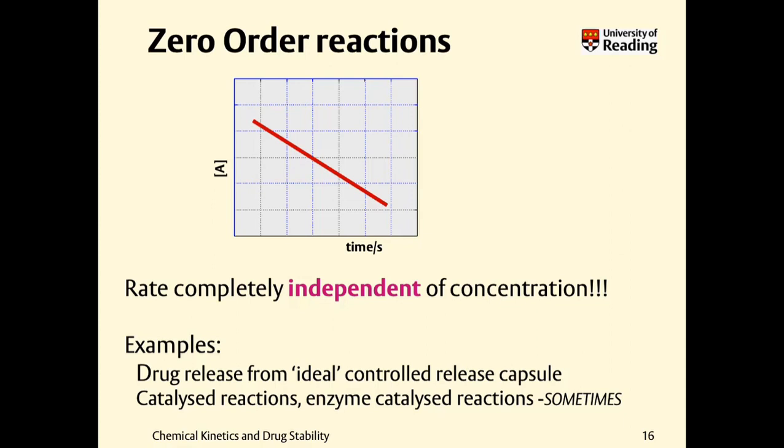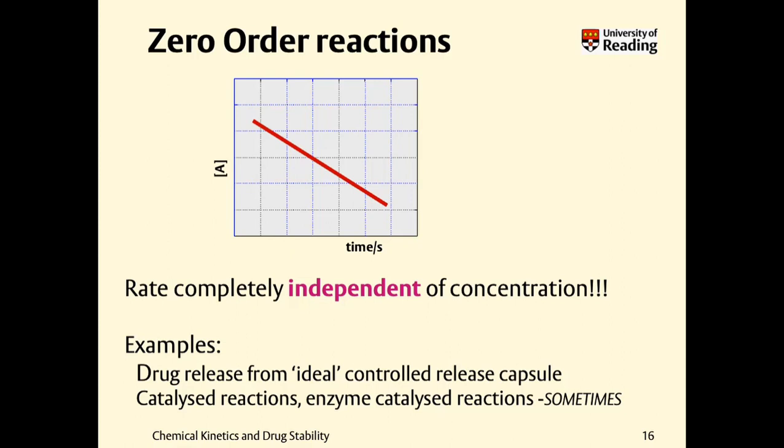A catalyst is not a reactant, it doesn't get used up in a reaction, so you can have a reaction where the rate does not depend on the reactant. The release of drug from a controlled release formulation often does not depend on the concentration of drug in the formulation, but rather it depends on the controlled delivery device itself.